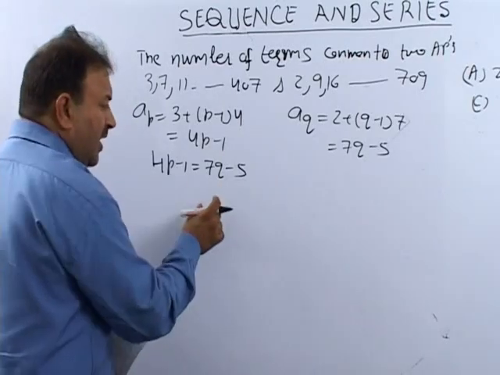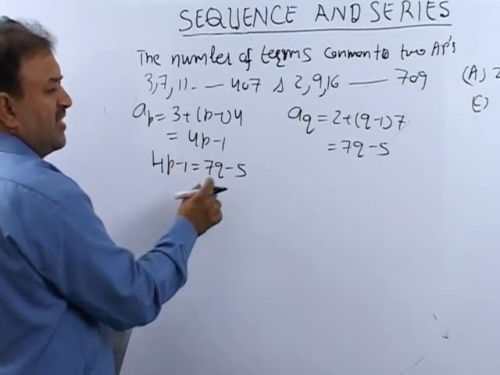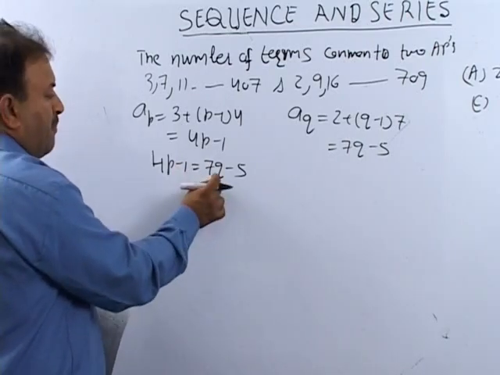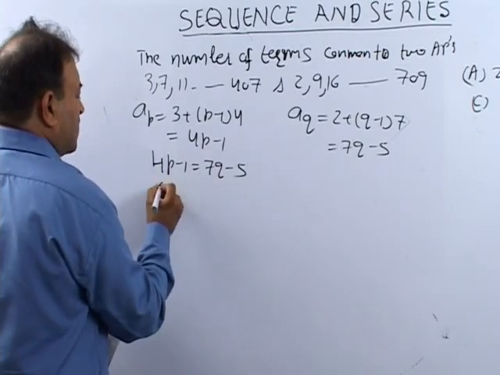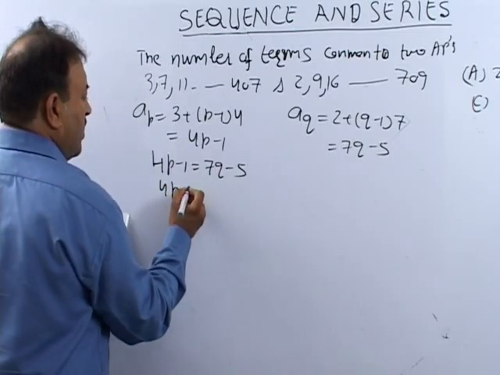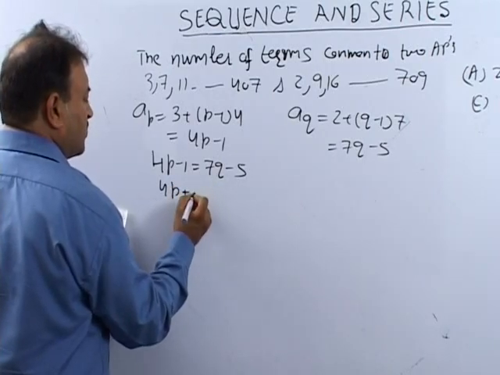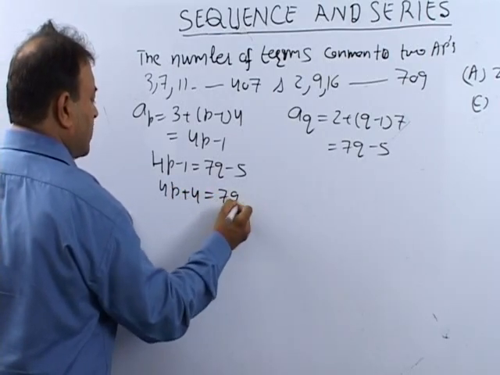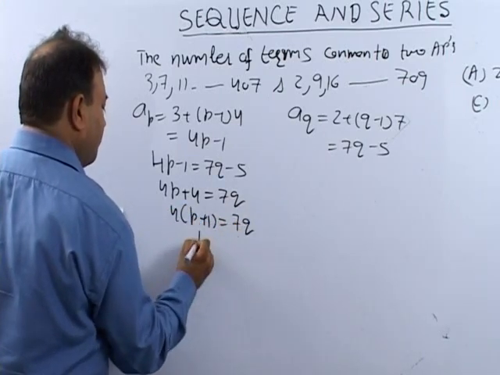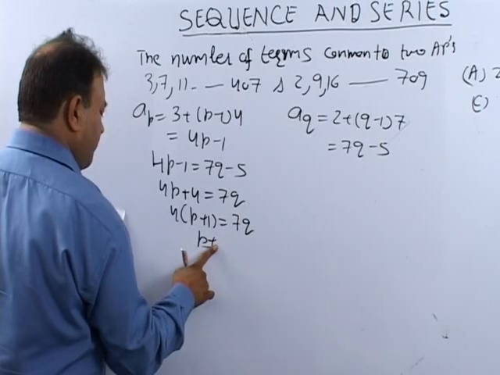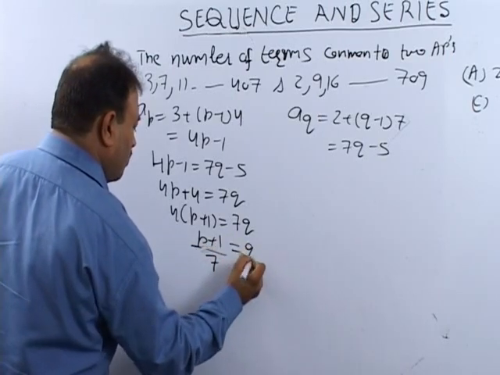The important thing is this step, to make it simple so that the coefficients of p and q can easily be made 1. I'll bring minus 5 over here: 4p plus 5 minus 1 plus 5 plus 4 is equal to 7q. 4 common, so p plus 1 is equal to 7q, p plus 1 upon 7 is equal to q upon 4.